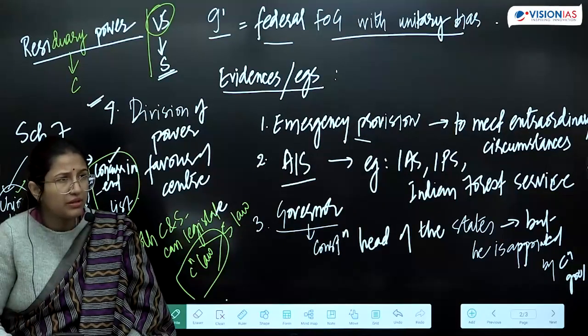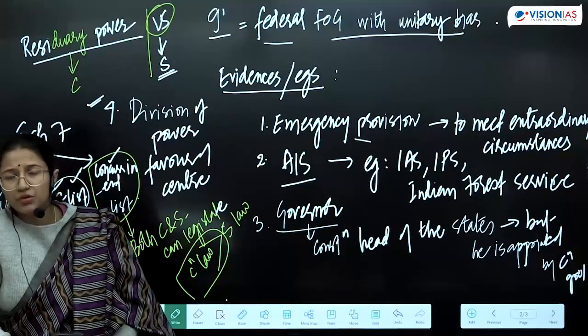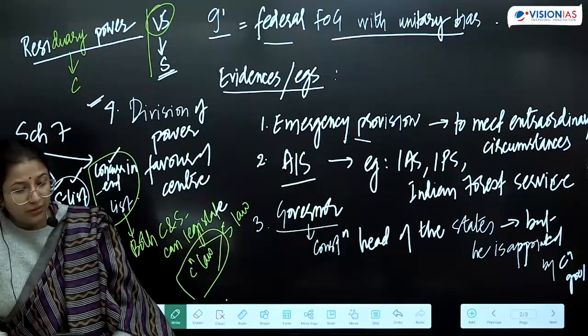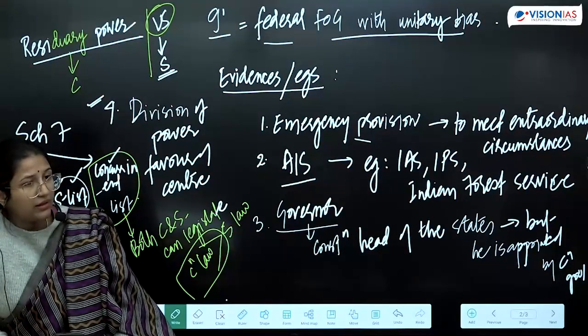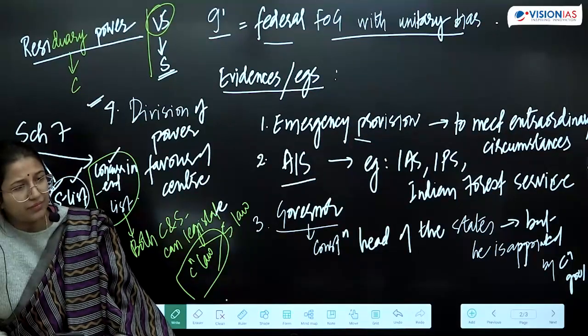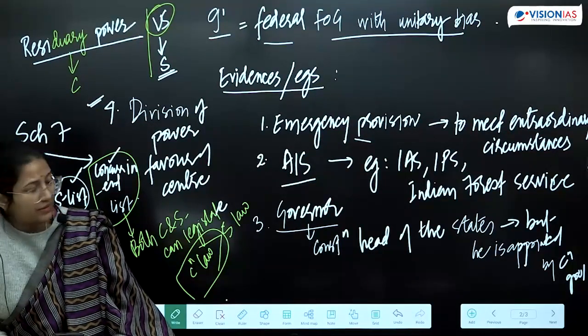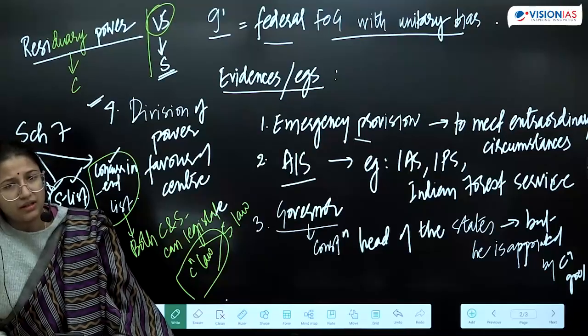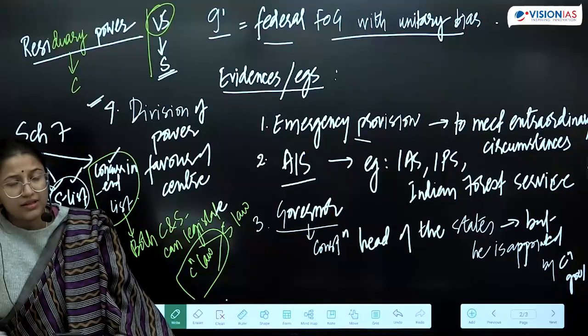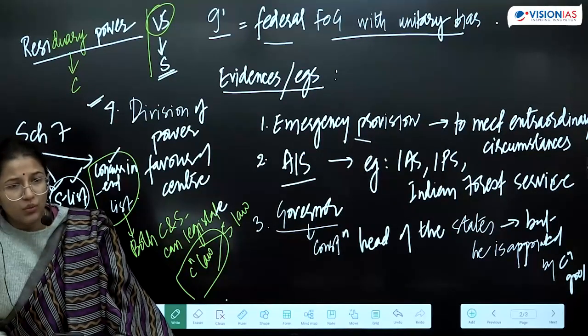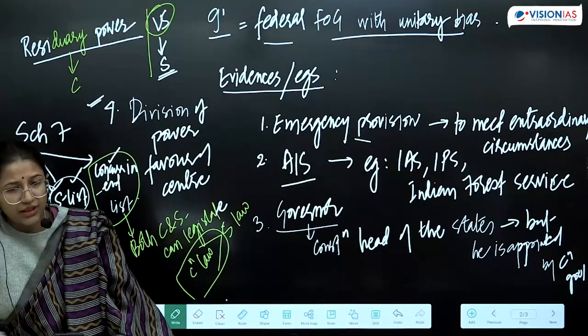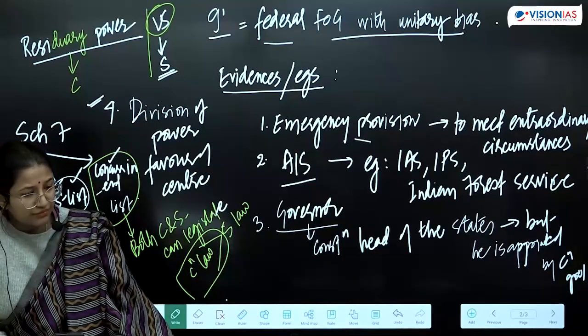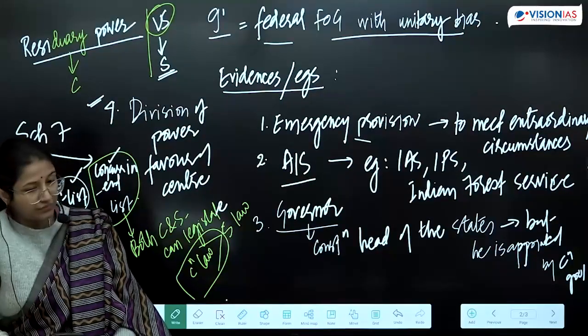Write down recruitment and appointment is by the central government, while the officers serve the majority of their terms under the state government.